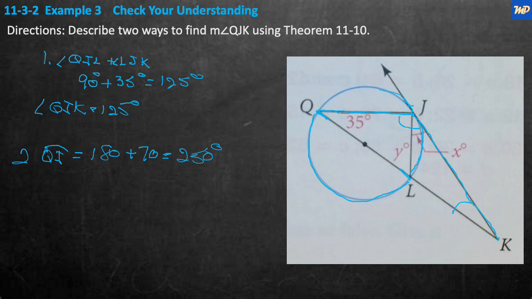And that says then that angle QJK is equal to 250 degrees divided by 2, which is 125 degrees. They're both 125 degrees. Okay, thanks for working on it.